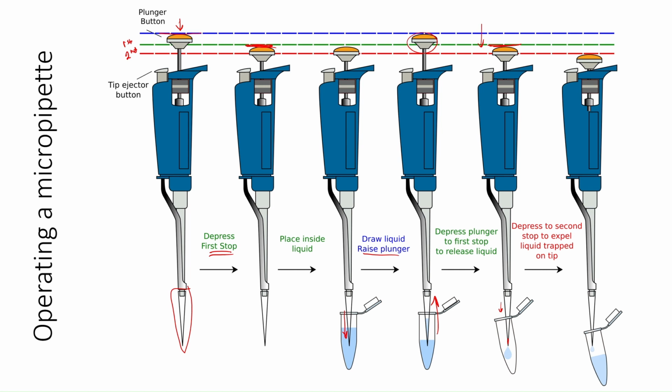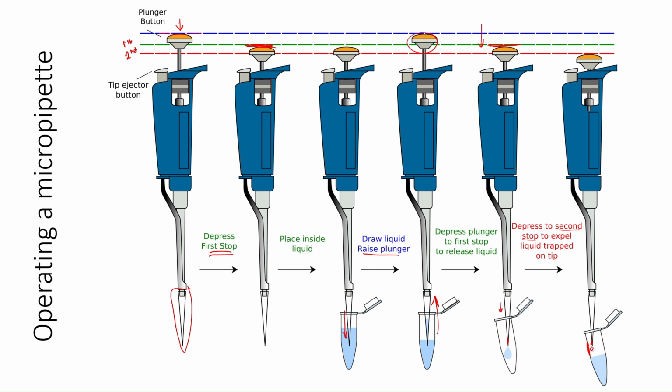And if that's the case, this is that one time when you can use the second stop, and then you can expel that little tiny drop of liquid that's stuck on the tip. And even once you've pushed that plunger fully down, you'll sometimes need to actually touch the drop to the wall of the container to kind of encourage the drop to come off the end of the disposable tip.